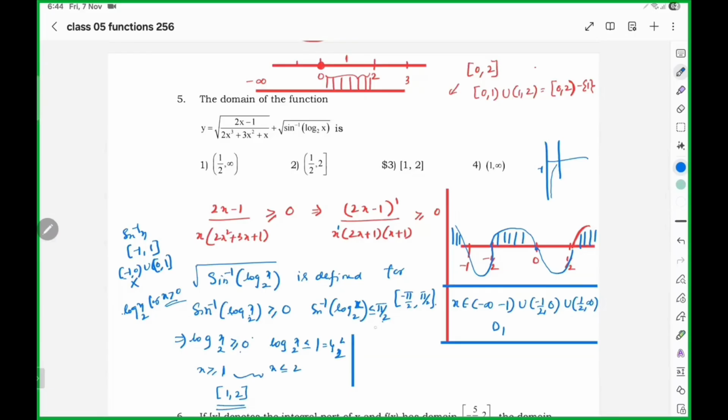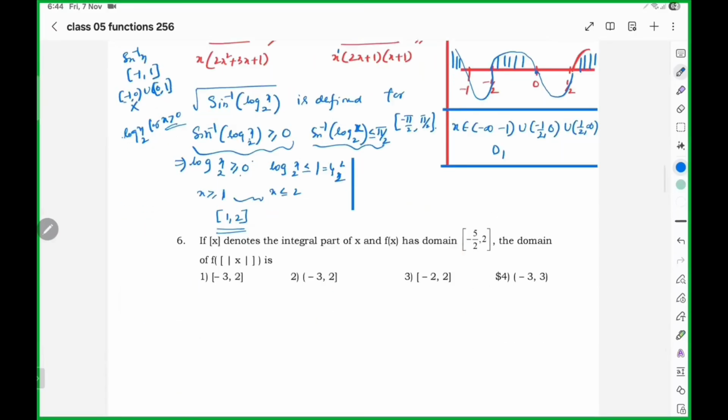Yes, so root of a negative is not defined. It is defined between 0 to pi by 2. It is okay. Basically, whatever it may be, the right hand side should be greater than 0 for the root to be defined. So the final answer is 1 to 2. Right.